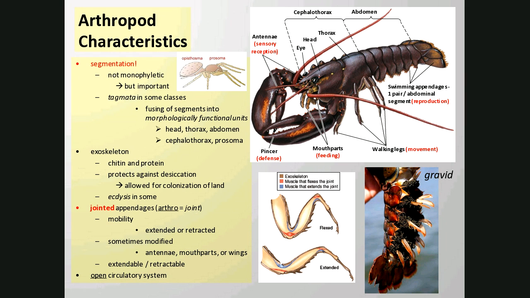Think of it again in terms of the Hox gene. Remember the Hox gene is a gene that animals have that determines where appendages go, what kind of appendage and where it goes. So we have this duplication and shuffling of Hox genes that occurs as we move into the arthropod group, and the result of that is we get all these different kinds of appendages.